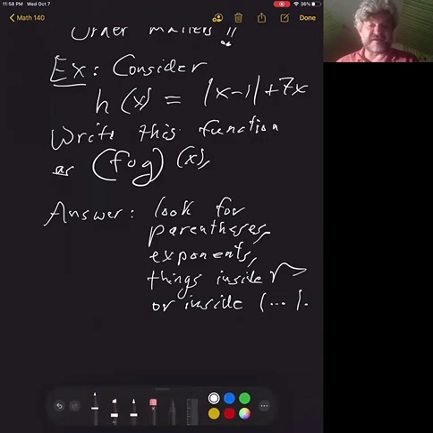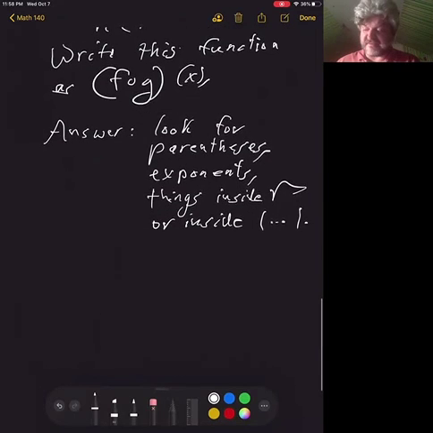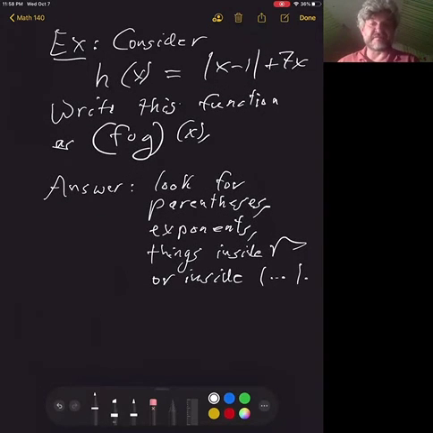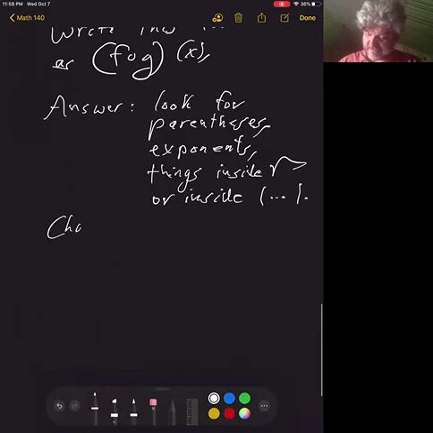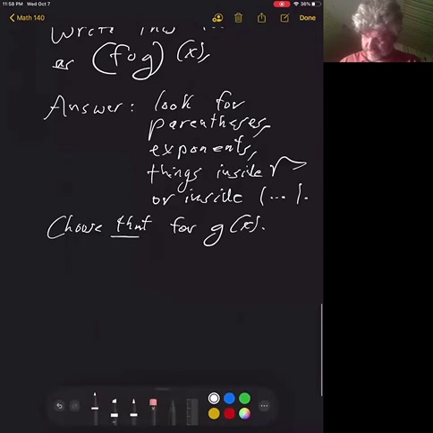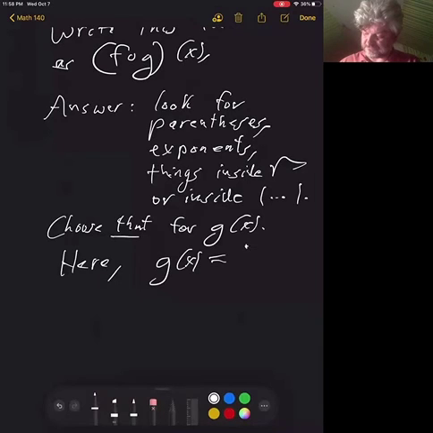Whenever you see something like this, and obviously here we see that absolute value, then the thing inside it, that's a good candidate for my g, the inside function. Here, I'm choosing g of x is x minus 1.